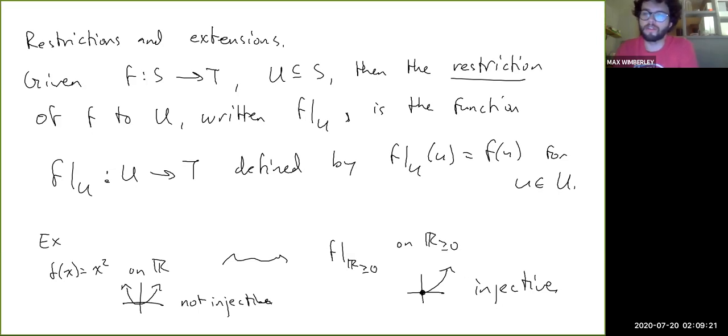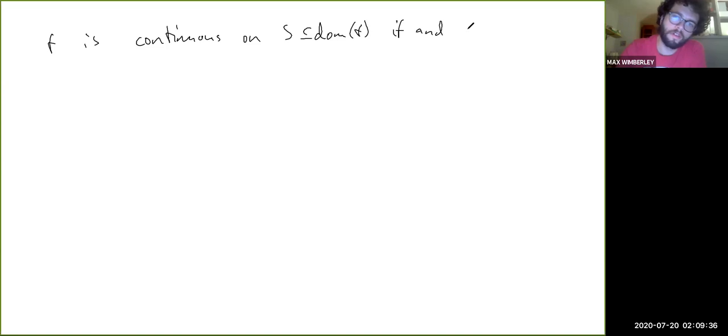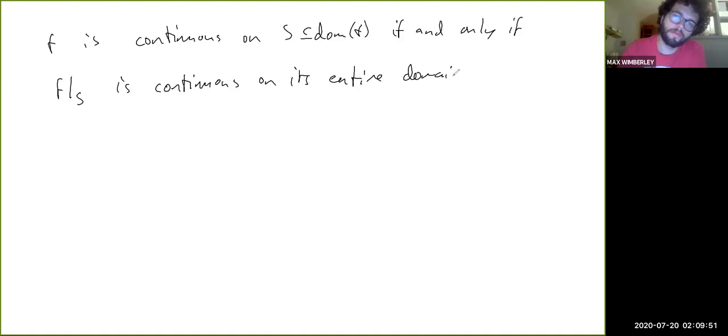So like continuity: f is continuous on S, a subset of the domain of f, if and only if f restricted to S is continuous on its entire domain, right?